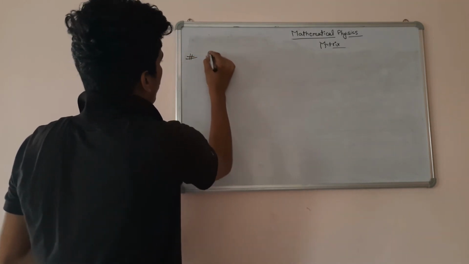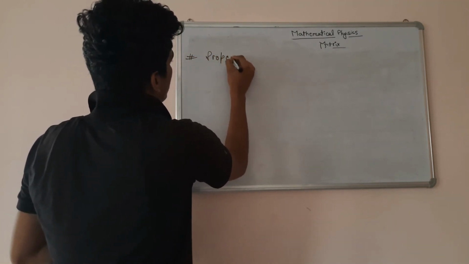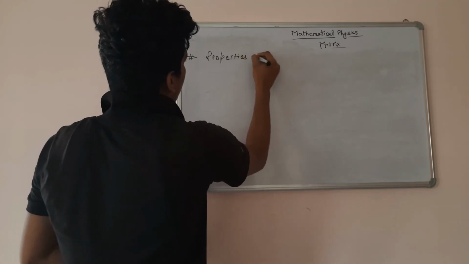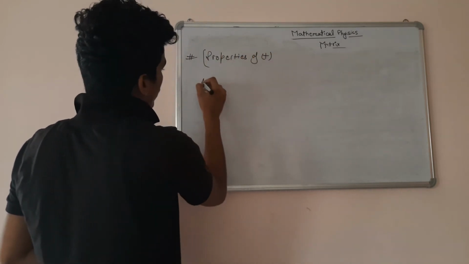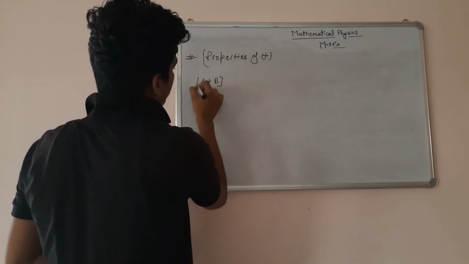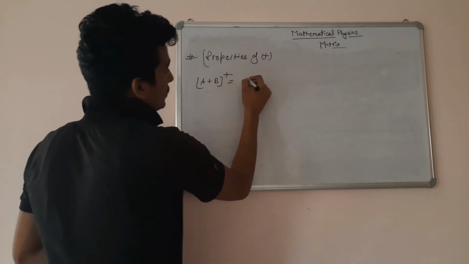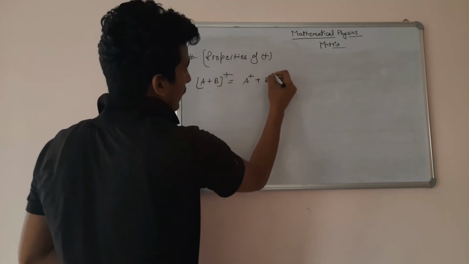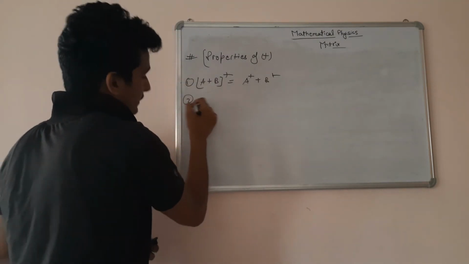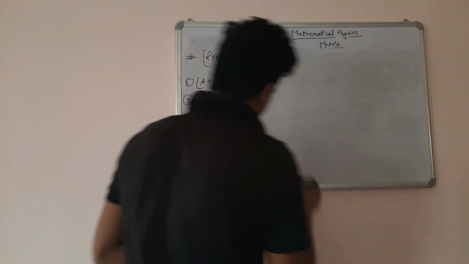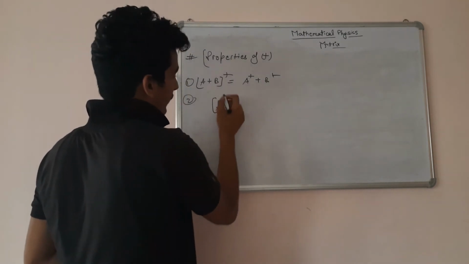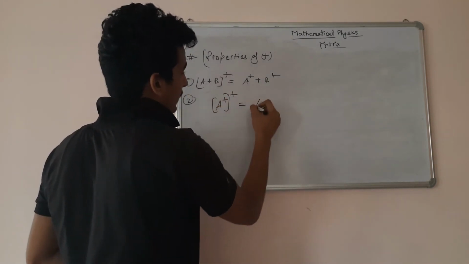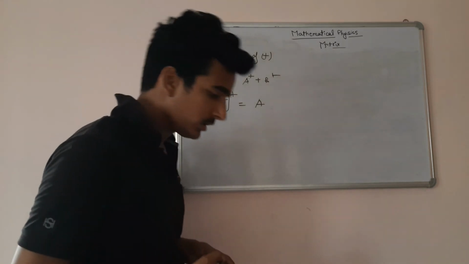Here are some simple properties of dagger. What are the properties? If there are two matrices A and B, and I want to use dagger, it is simply this. That is the first property. The second property is that if you do A dagger and then take its dagger, it becomes A. This is also a basic property.